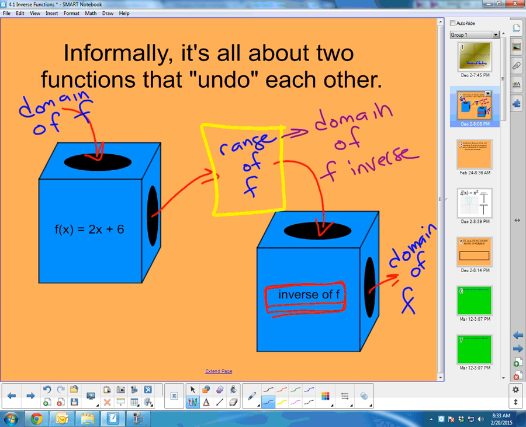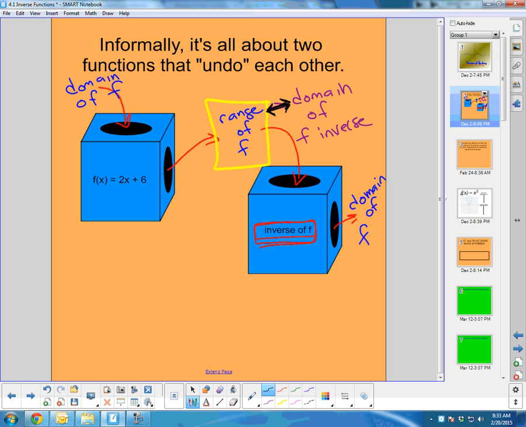So those numbers in the middle there in the yellow box, those numbers that come out of f, therefore they're the range of f, are the numbers that go into f inverse, therefore they are the inputs into f inverse. They have this dual role, both at the same time, and maybe I should make this a double arrow, because those two sets are the same sets of numbers. The range of f and the domain of f inverse are the same sets of numbers.